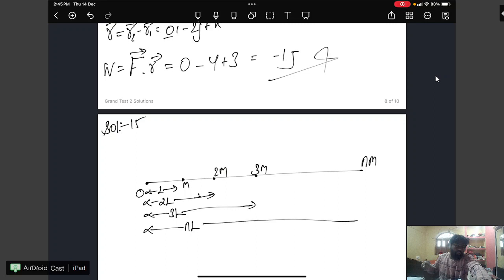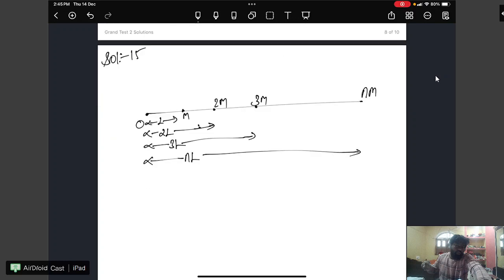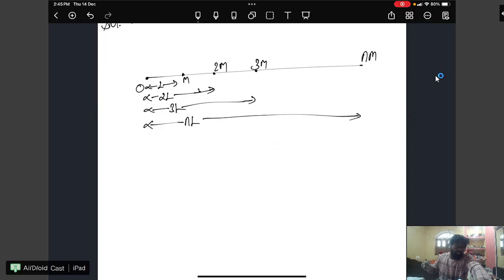N into L. Now, center of mass will be (M1 R1 + M2 R2 + M3 R3, and so on) divided by the sum of masses.